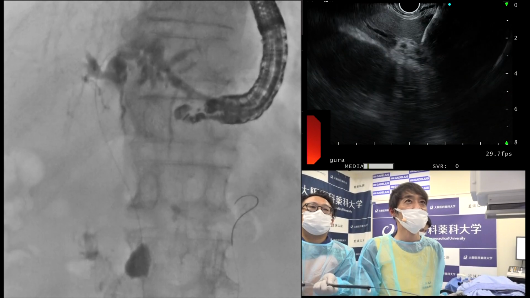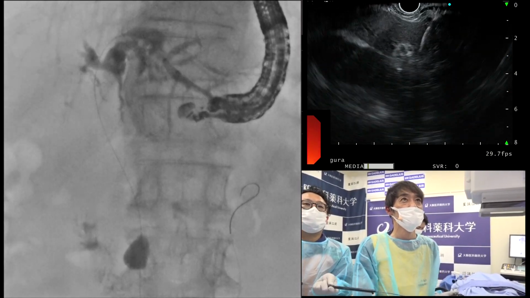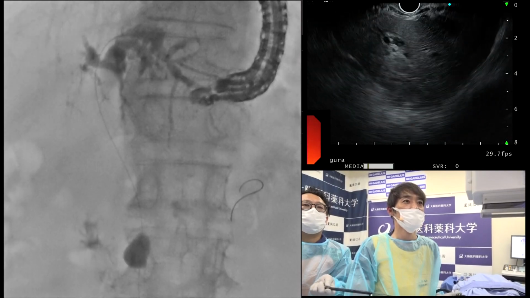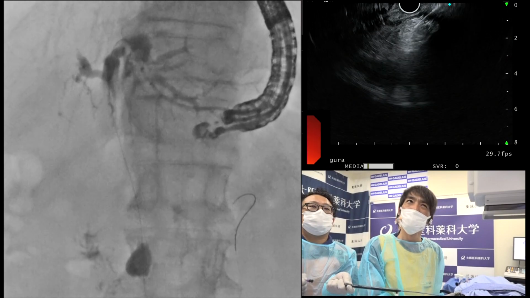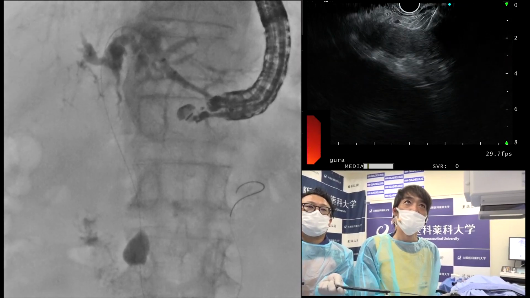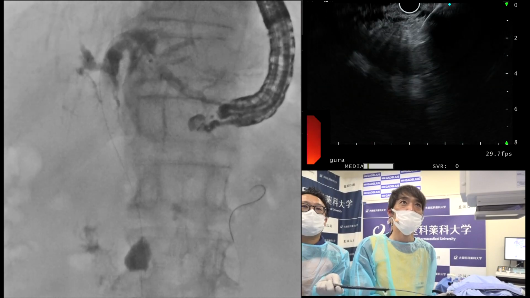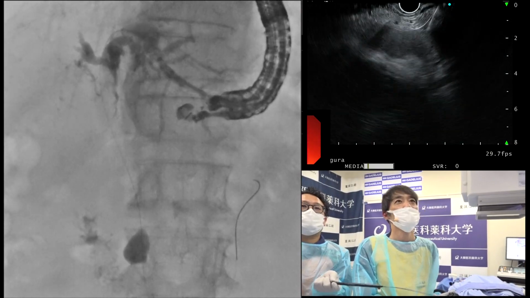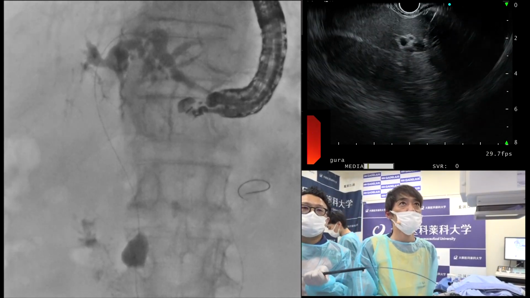So firstly, we try to dilate with balloon catheters. Okay, exchange. Balloon. 4 mm balloon.